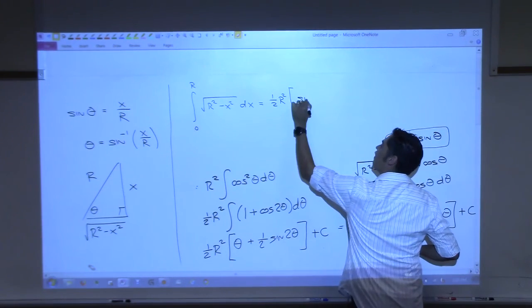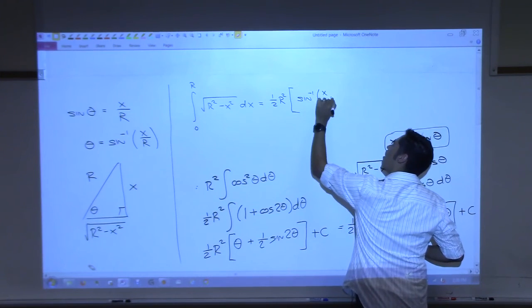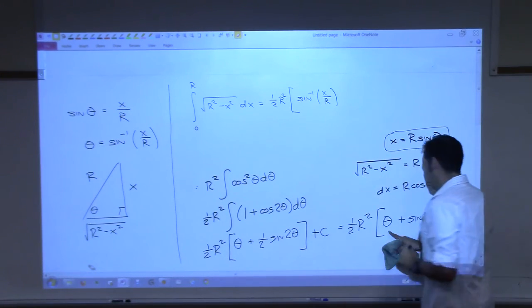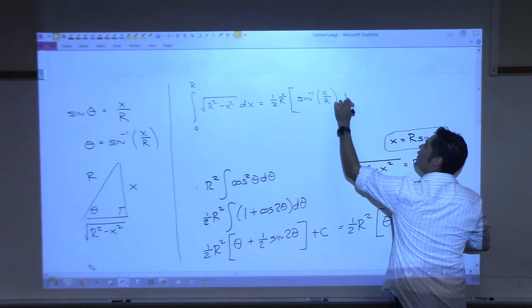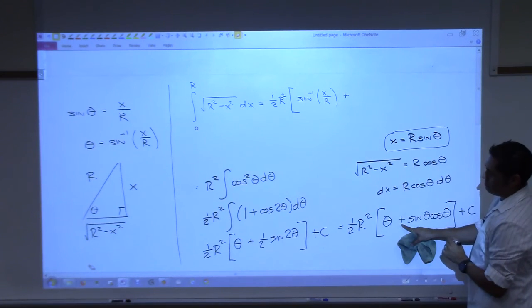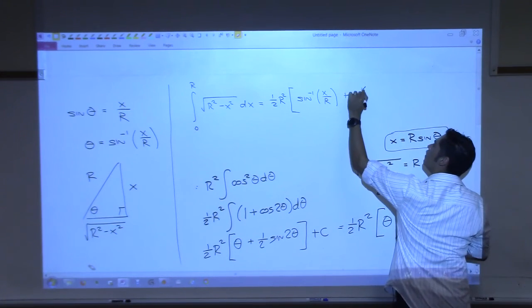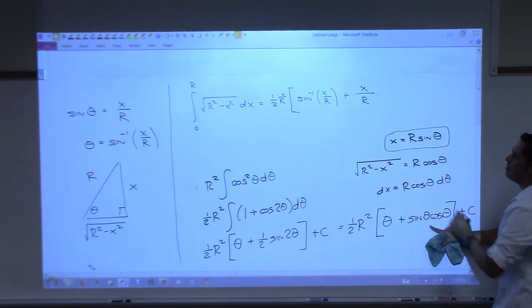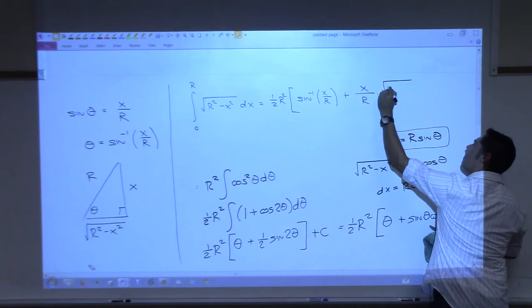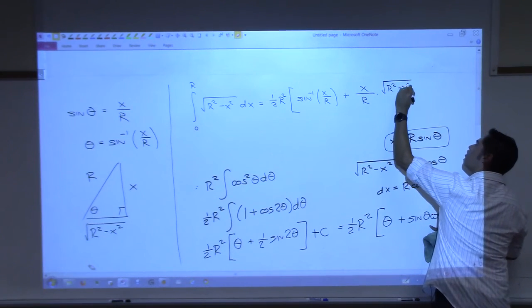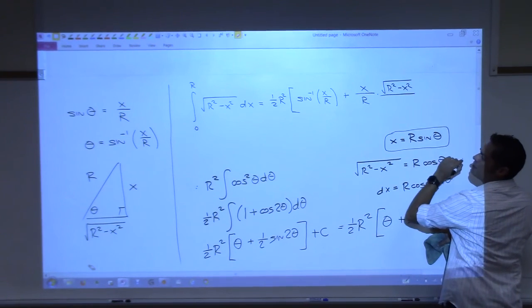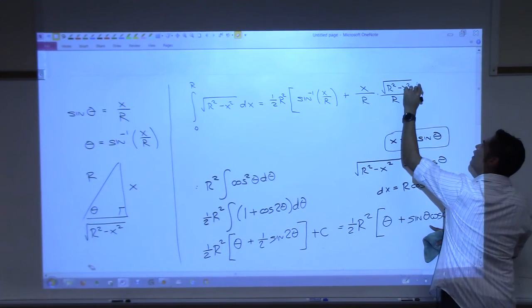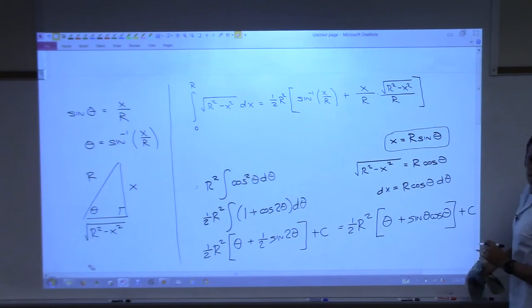Arc sine of x over r. And then plus sine theta, x over r, times cosine theta, which is root r squared minus x squared over what? R again. Okay, that's my antiderivative, right?